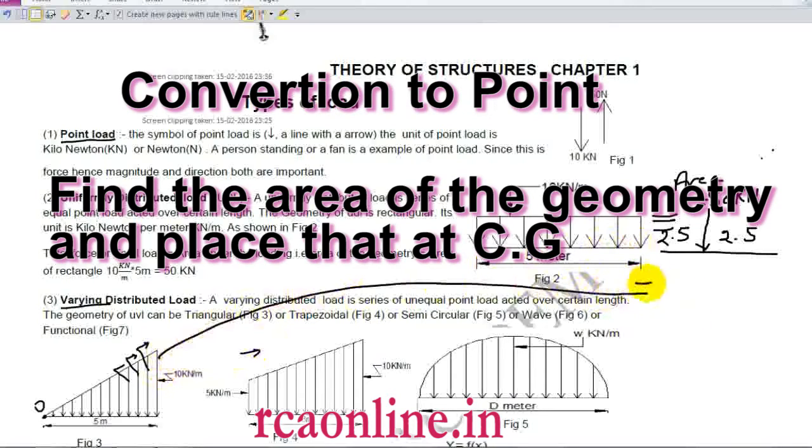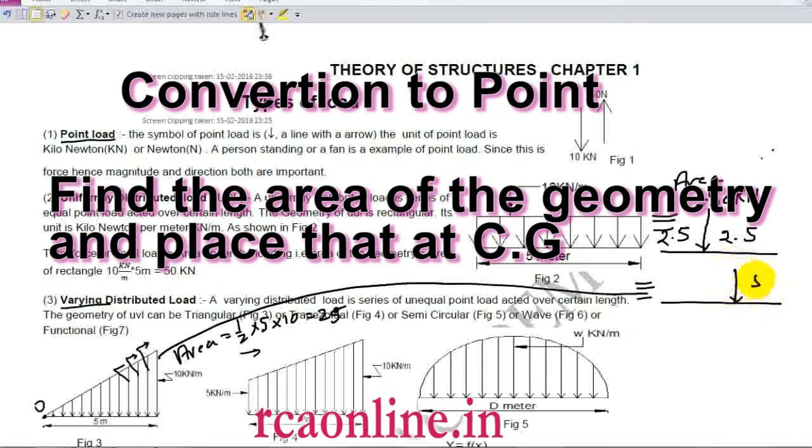Similarly, for this triangle, what will be its equivalent point load? It will be the area. The area is half into 5 into 10, so we get 25. So 25 is the value. Now where to put it? You put it at the center of gravity, which is at one-third.